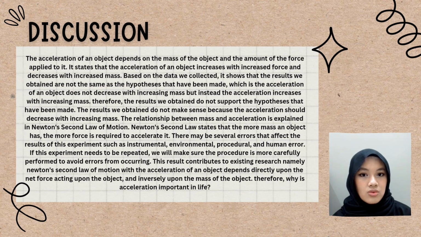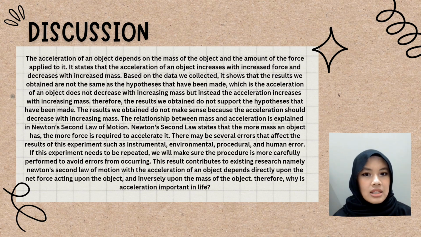Therefore, the results we obtained do not support the hypothesis. The results do not make sense because the acceleration should decrease with increasing mass. The relationship between mass and acceleration is explained in Newton's second law of motion. Newton's second law states that the more mass an object has, the more force is required to accelerate it.